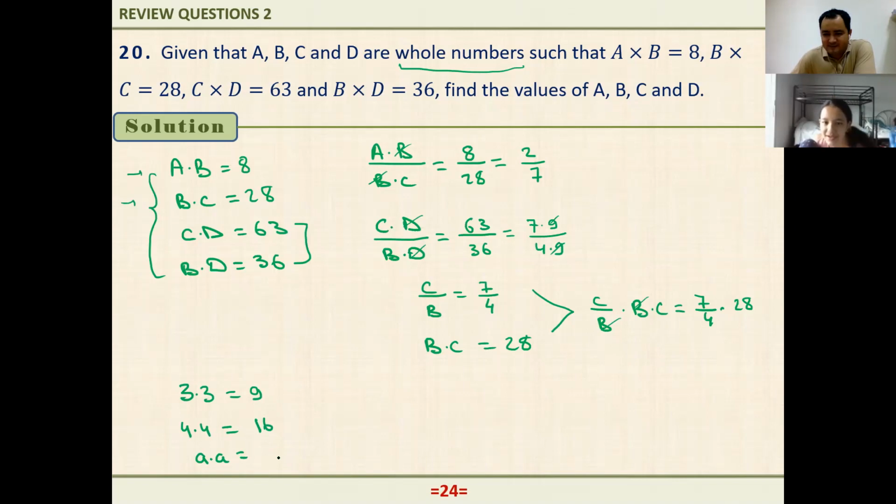What? Wait, what? A squared. Oh, true. We are multiplying, not adding here. Right? 3 times 3, 3 squared, that is 9. And 4 times 4, 4 squared, that is 16. So here we have C times C, that is C squared.